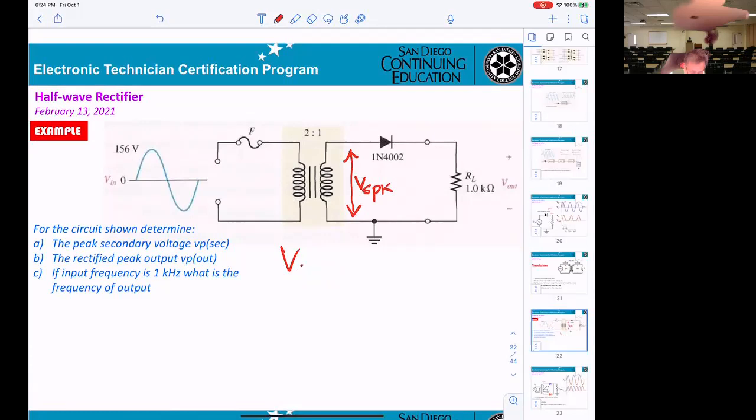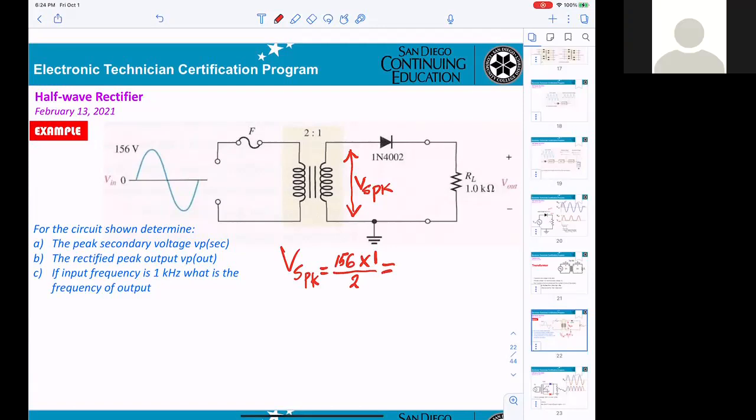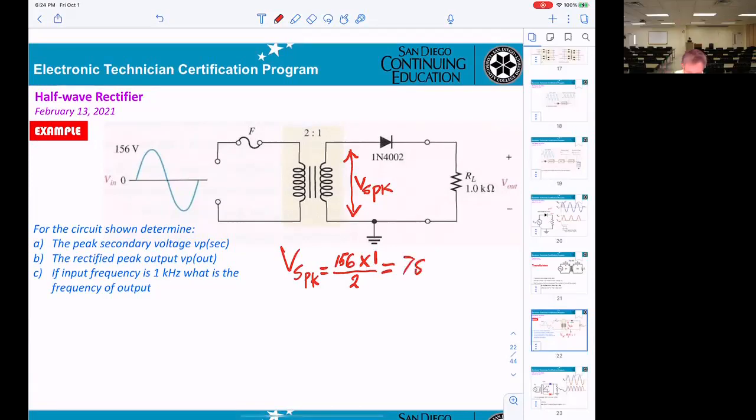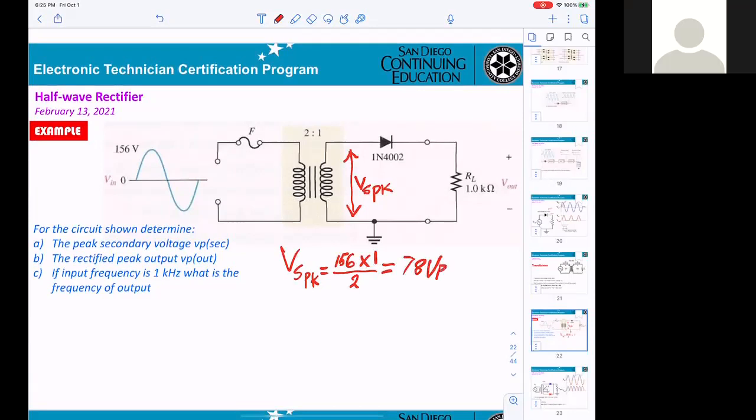V peak equals 156 times 1 over 2. What do you get? That should be 78, shouldn't it? Anybody else out there got that? 78. Yeah. Yep.